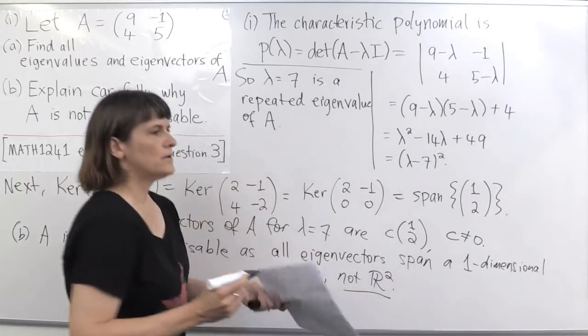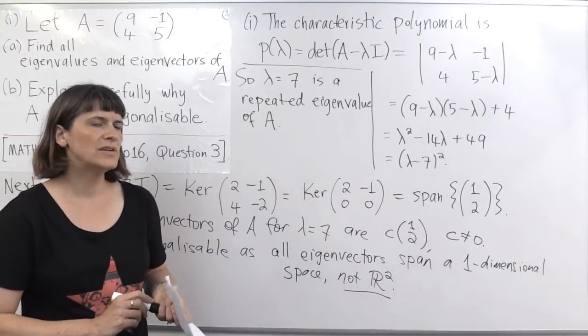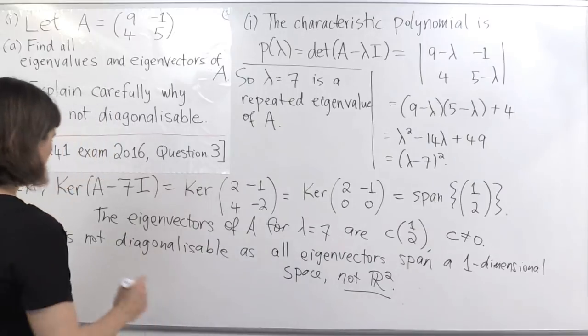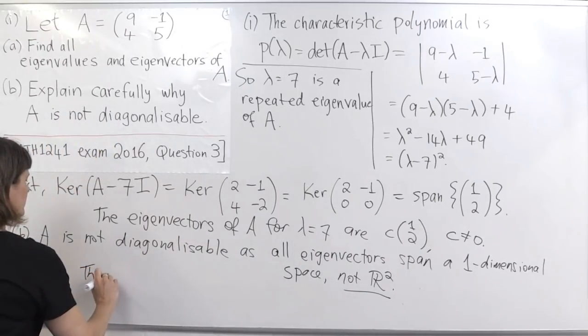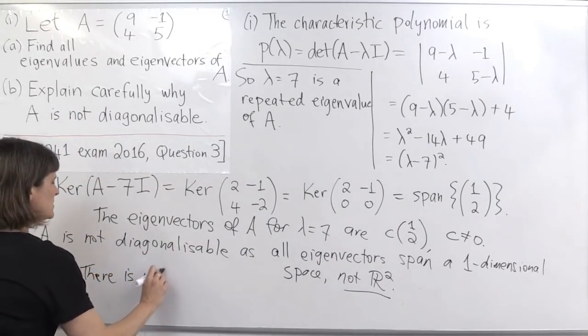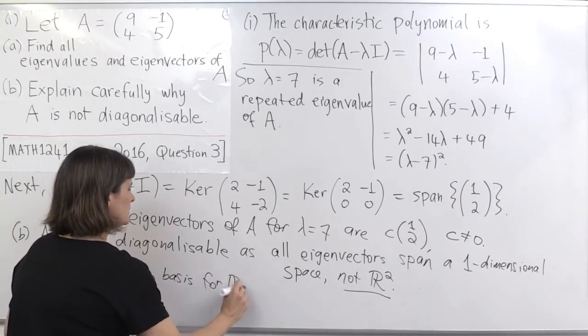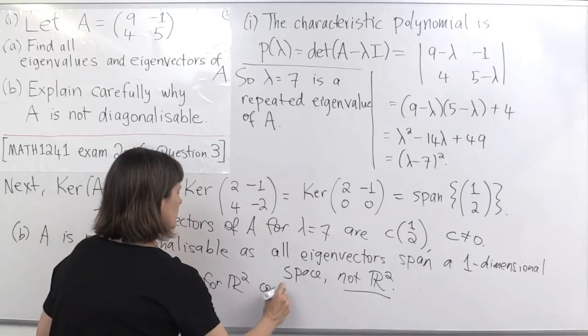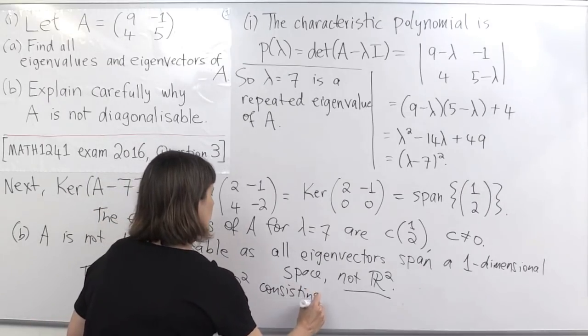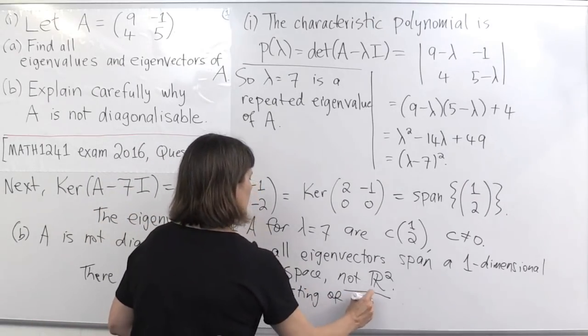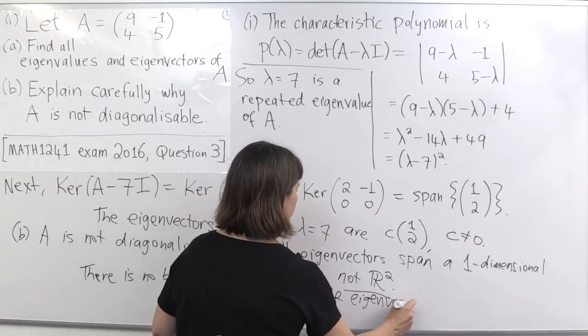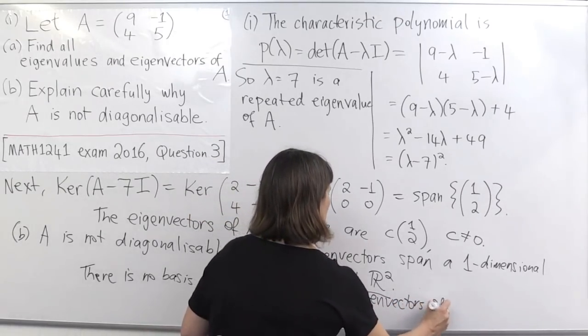Okay, so there's no basis for R2 consisting of eigenvectors of A. Maybe let's write that down. There is no basis for R2 consisting of eigenvectors of A.